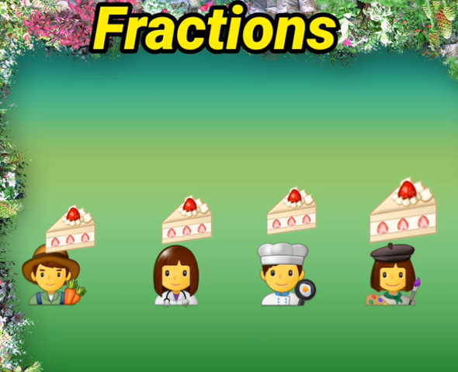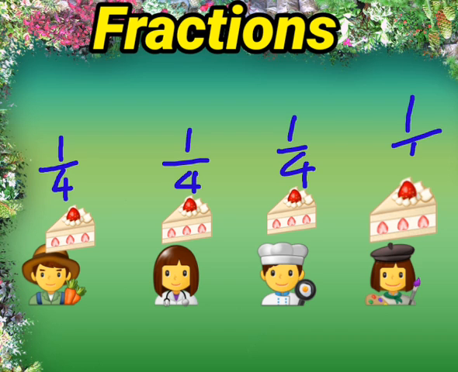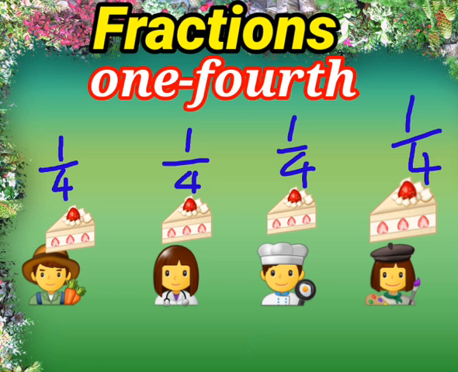And this one is Nila's share. So out of these four parts, Raju gets one part. So we can write Raju's share as 1 by 4, Sania's share as 1 by 4, Mani's share as 1 by 4 and Nila's share as 1 by 4. So each got 1/4 of the cake.